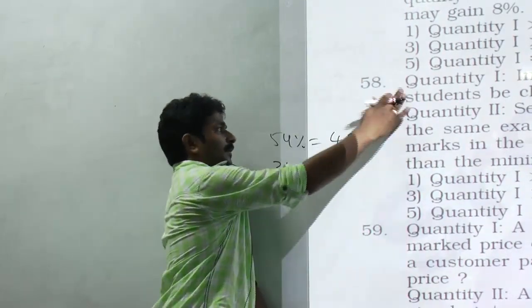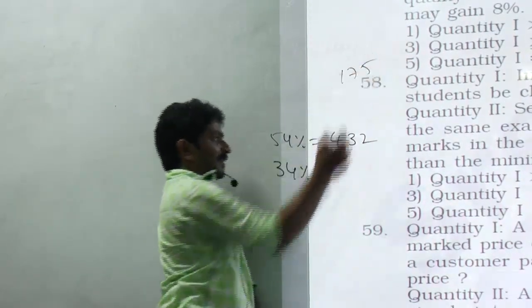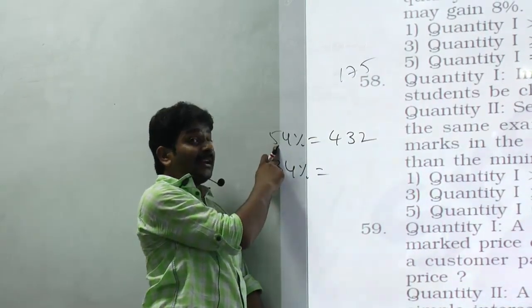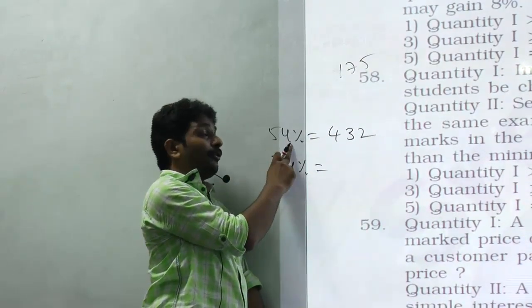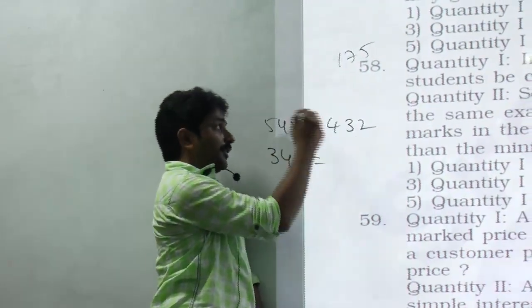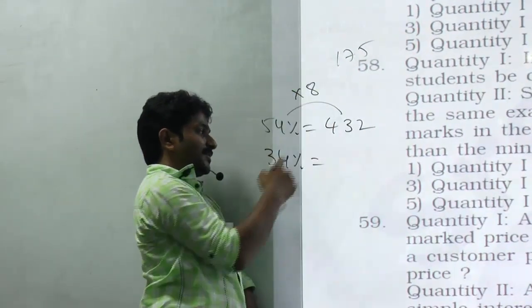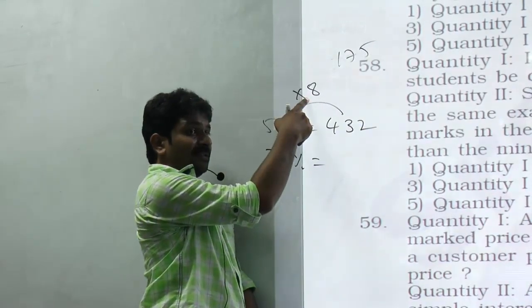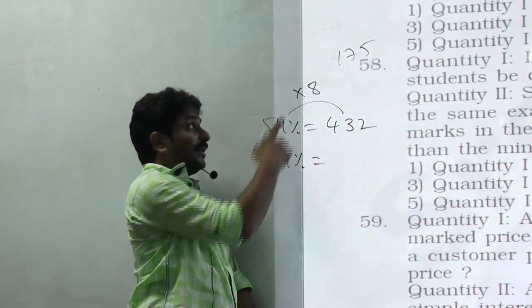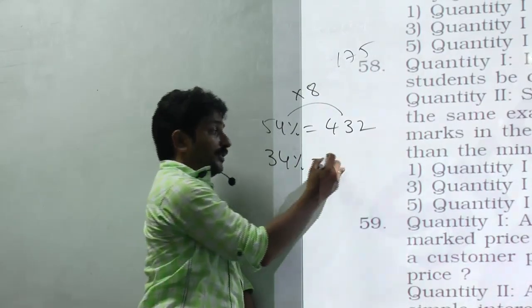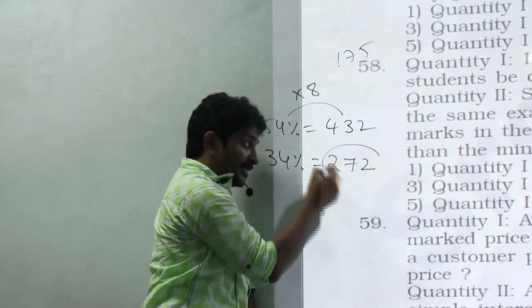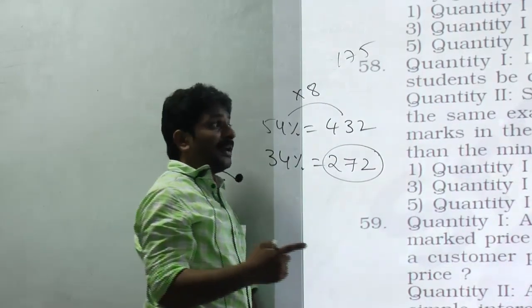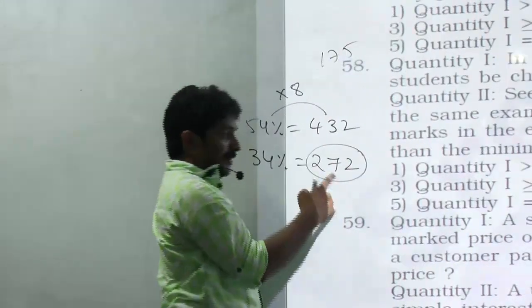Fine. Quantity 1 is 175. Keep it aside. 54 times 8 is 432, 4 8s are 32. So how much is this? 8 times 34, 8 times 3 is 24, 240, 8 4s are 32, that is 272. So this is the pass mark, but you are asked about the difference between the marks obtained by Seema and the pass mark.